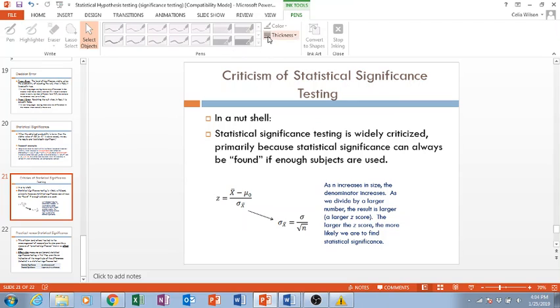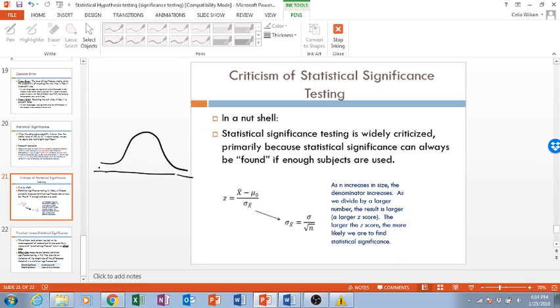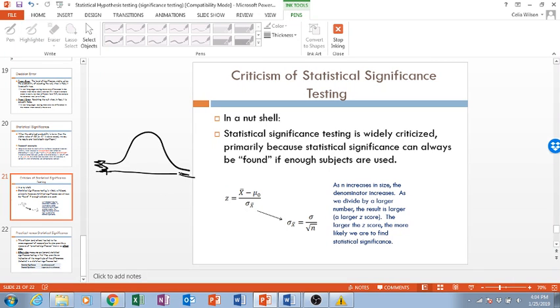Let me show you this on a little picture here. If this is my curve, and in order for something to be statistically significant, that z value's got to be out here in the tail in either direction, because we're thinking absolute value, right?